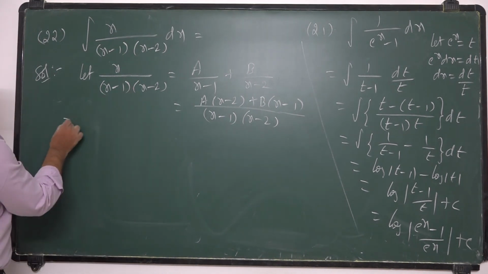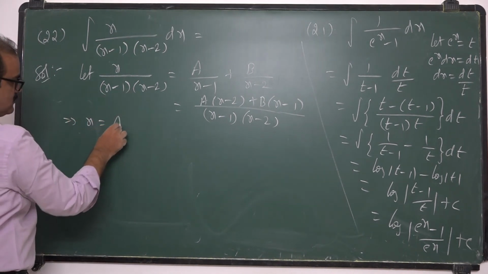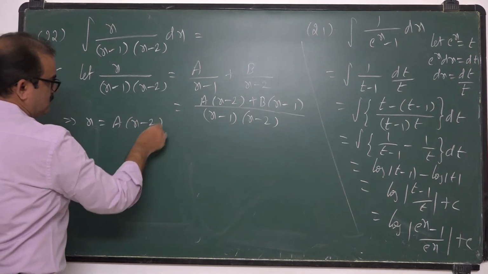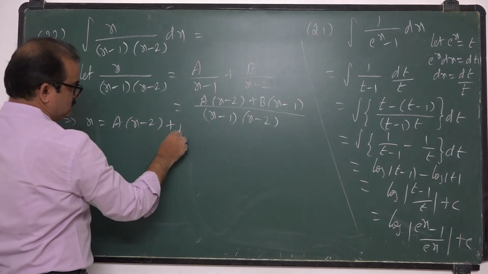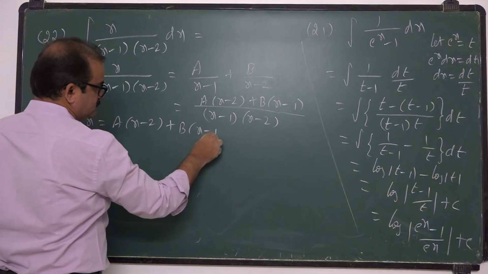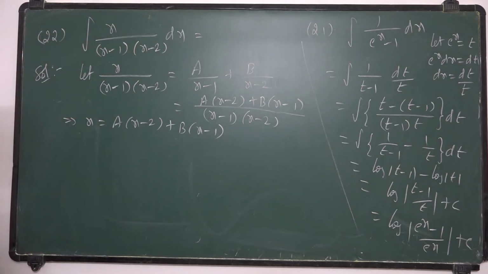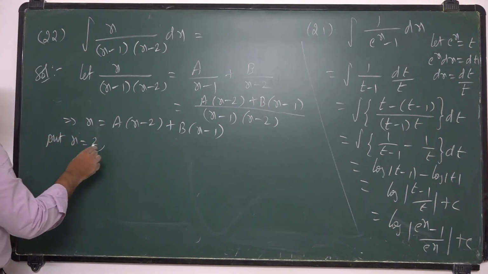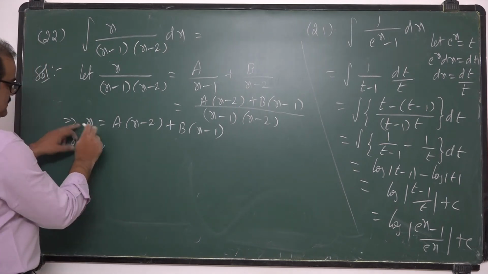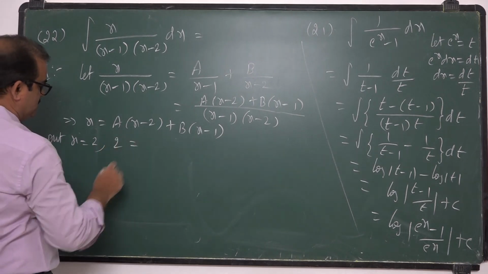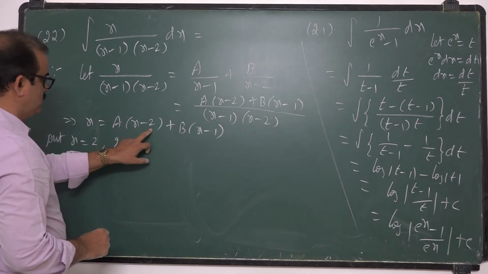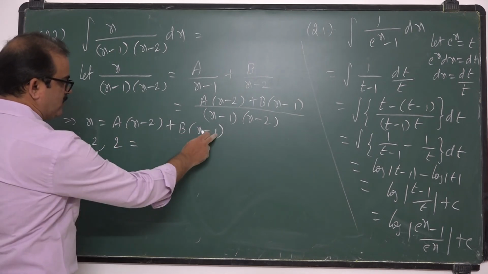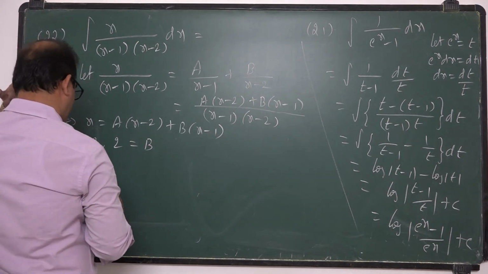Compare the numerators. x is equal to a into x minus 2 plus b into x minus 1. You put x is equal to 2. LHS 2 is equal to, 2 minus 2 is 0, 2 minus 1 is 1, so b is 2.